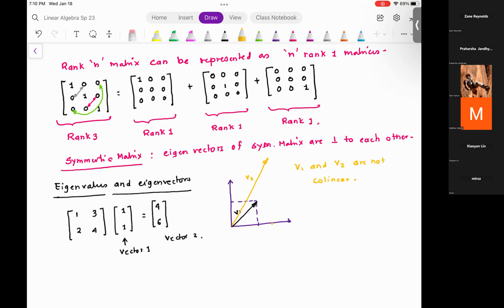Imagine if this were an eigenvector: 1, 3, 2, and 4 multiplied by the eigenvector. Let me quickly find out the eigenvector and show it to you in just a second. A is equal to, I'm using MATLAB.